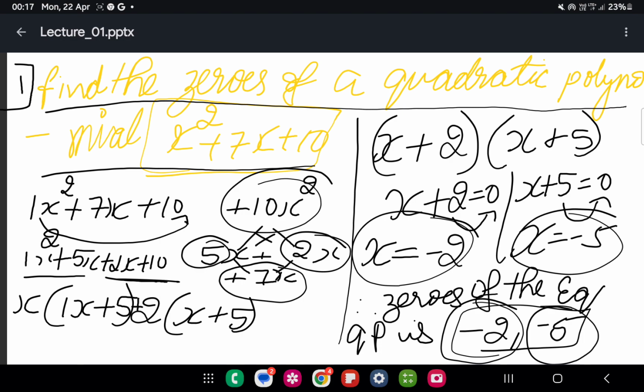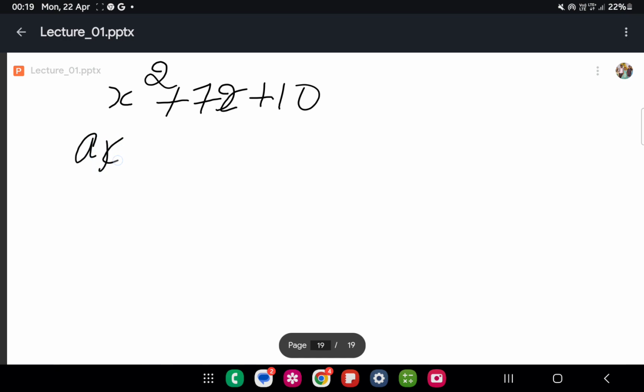Next we will go for finding the sum of the zeros and the product of the zeros. Further moving, we take the equation as it is, x square plus 7x plus 10. Here we apply ax square plus bx plus c.